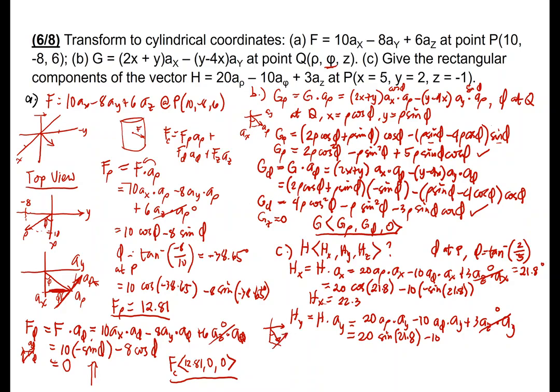The angle here below is adjacent to ay, so adjacent is cosine, positive because it goes in the y direction. If you compute this one, we have hy equal to negative 1.857. You can use your calculator to solve for this.